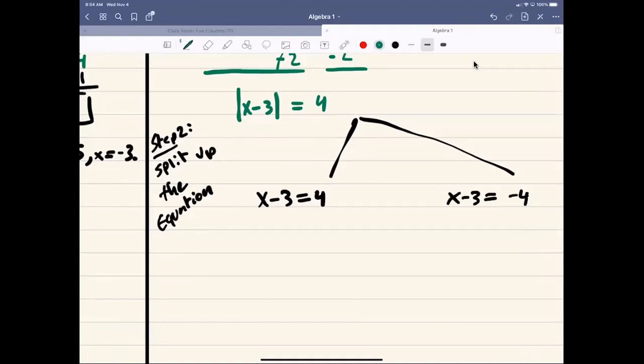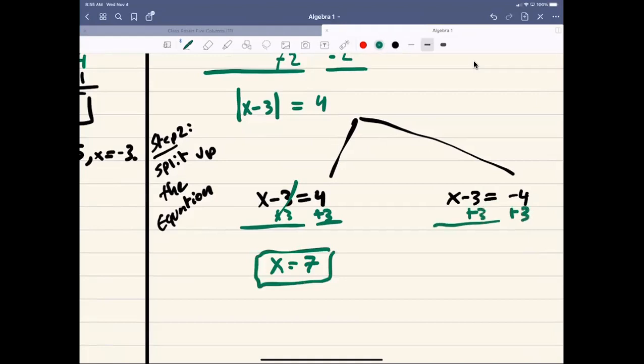Now all we've got to do is solve. Here we do plus 3, and that yields x is equal to 7, or we do plus 3 and that gives us x is equal to -1. And that's going to be our solution.